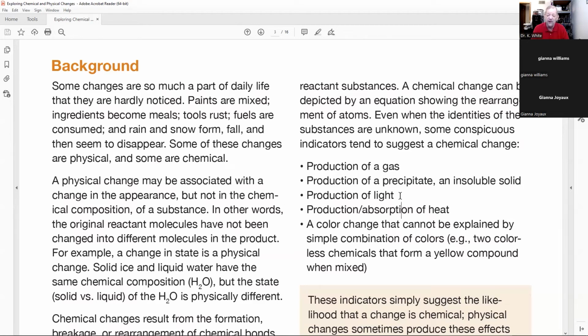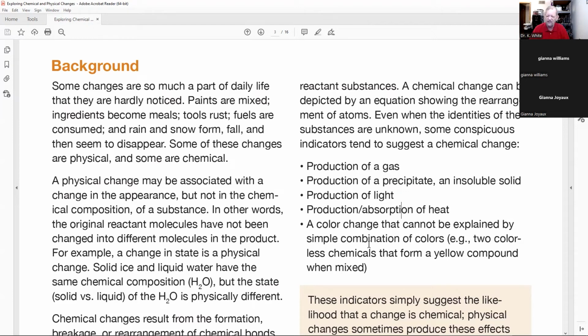Well, if you produce heat, it gets hot. The temperature goes up. If you mix two things together and the temperature goes up, guess what? You've had a chemical reaction. And if you mix two things together and the temperature goes down, guess what? You've had a chemical reaction.